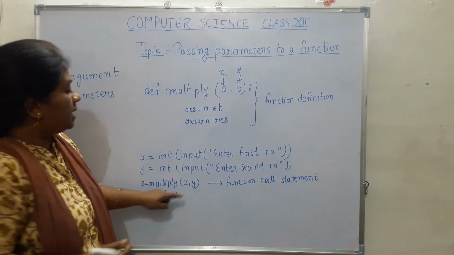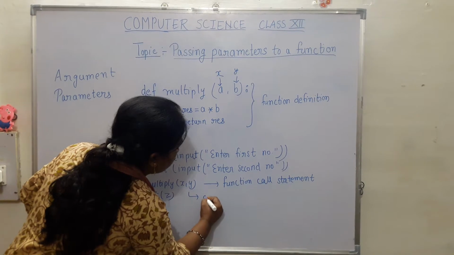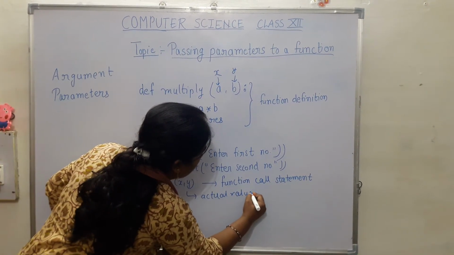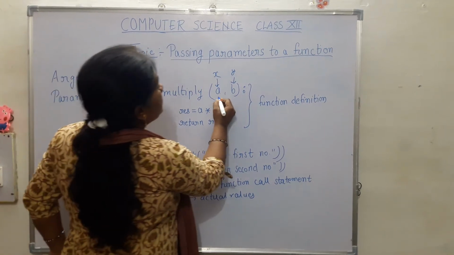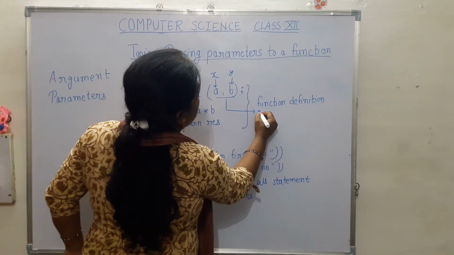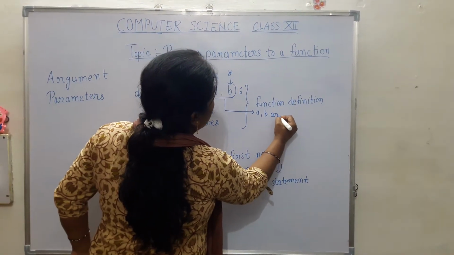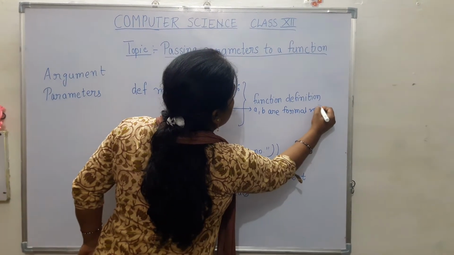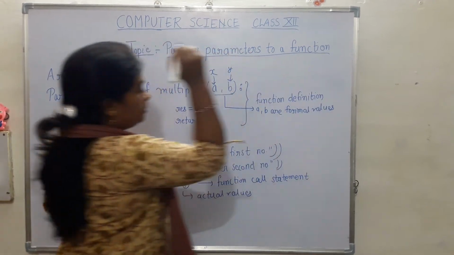These x and y are actual values, and these a and b are formal values.